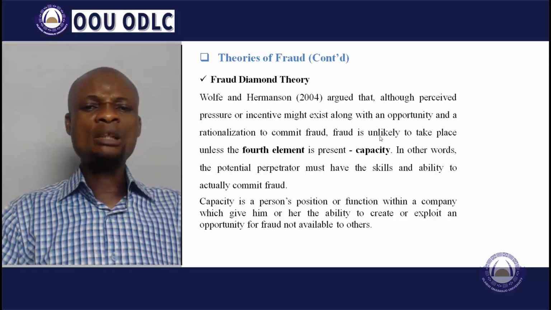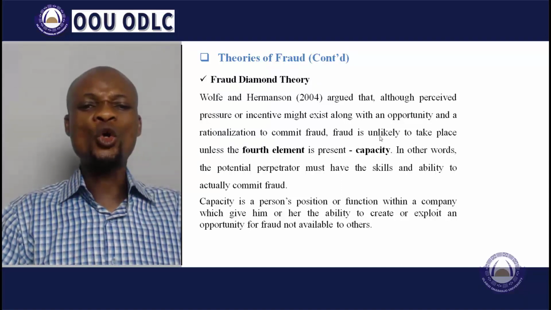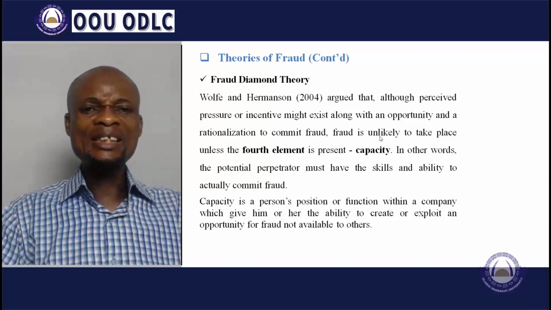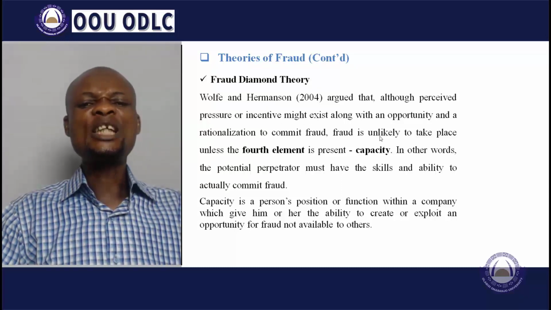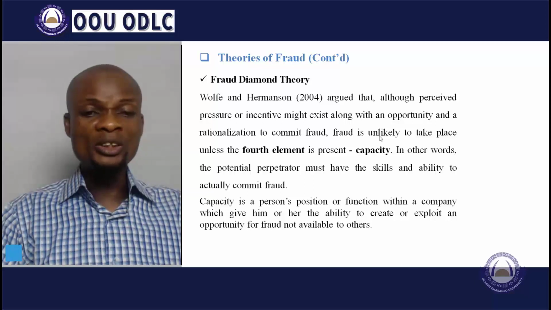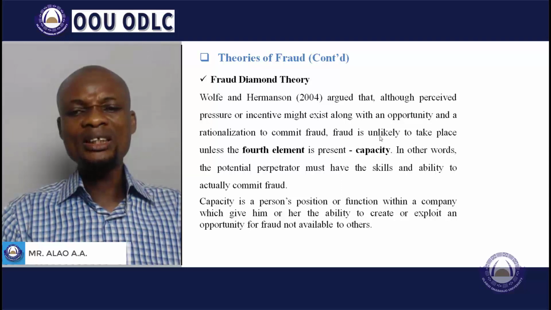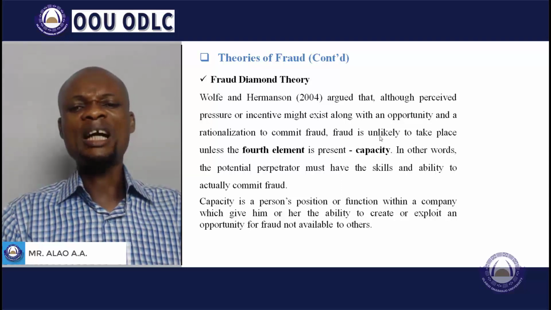That is, the potential perpetrator of fraud must have the skills and ability to actually commit the fraud. Capacity, according to this theory, is a person's position or function within a company, which gives him or her the ability to create or exploit an opportunity for fraud not available to others.